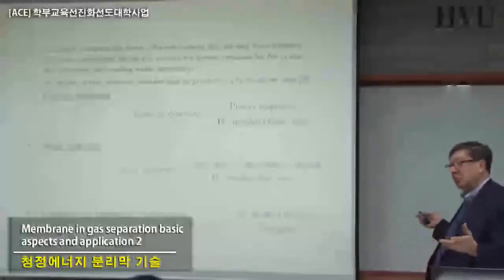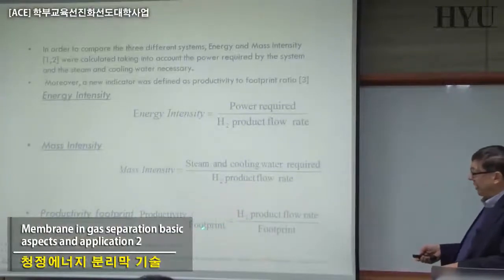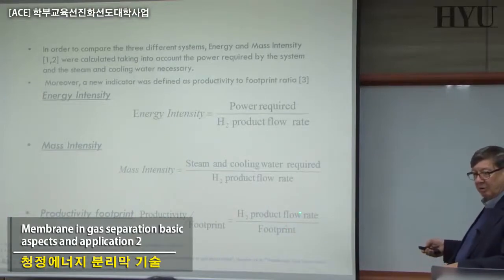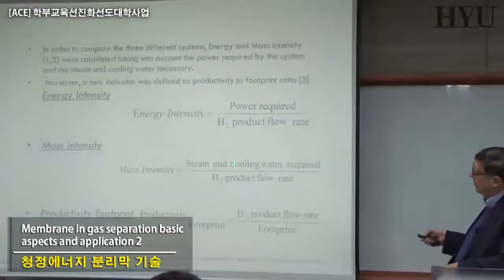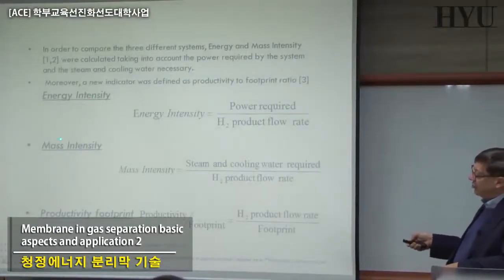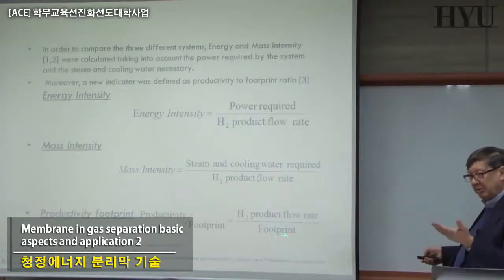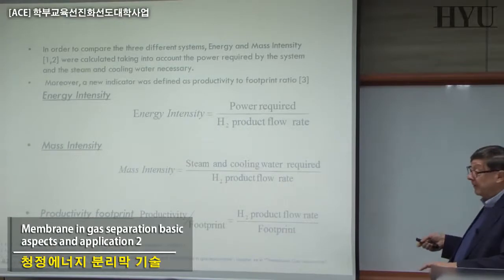One time space was not a parameter, today it is more and more a parameter. So in this case, this productivity footprint is the hydrogen product flow rate for the space necessary to produce this amount of hydrogen. So you can see here all these numbers are basically related, the same energy, the same mass, the same productivity, to the parameters of interest. That means footprint, hydrogen product flow rate.